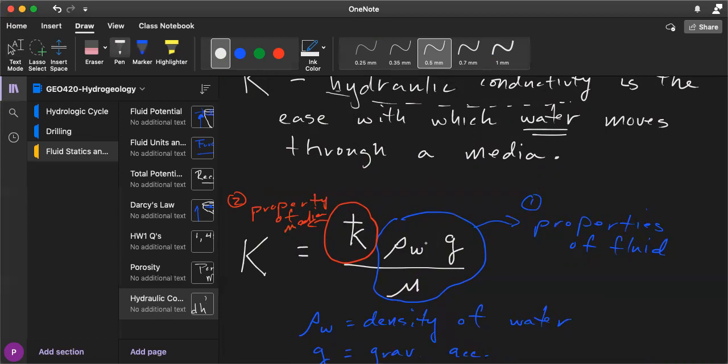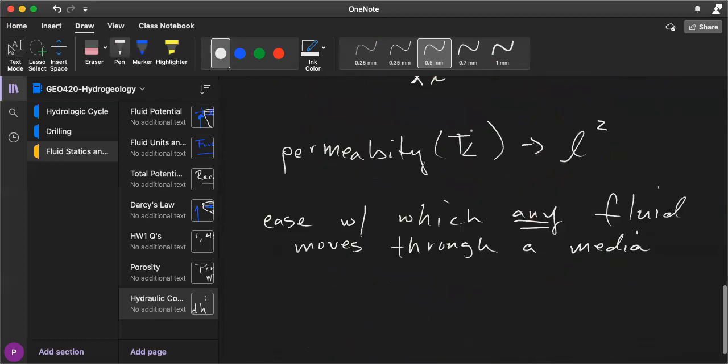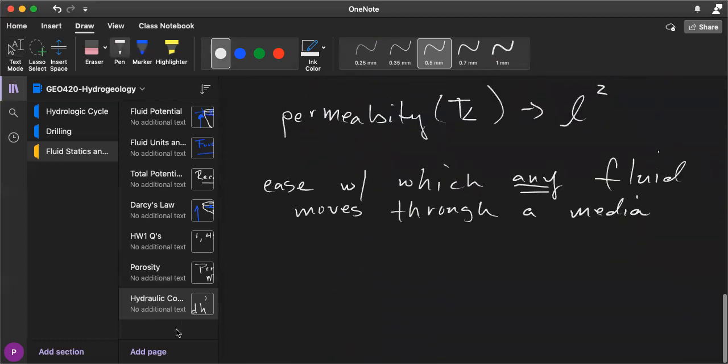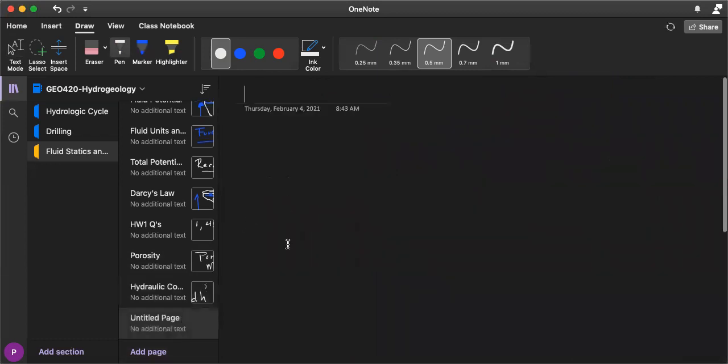So let's briefly talk about some of these properties of water that control hydraulic conductivity. Let's hit properties of water really quick.